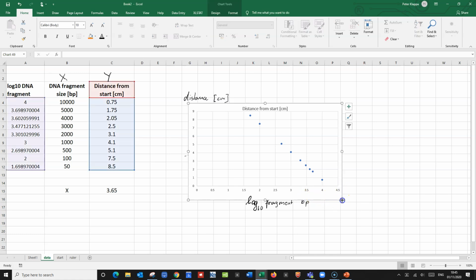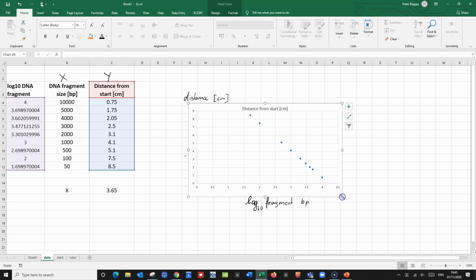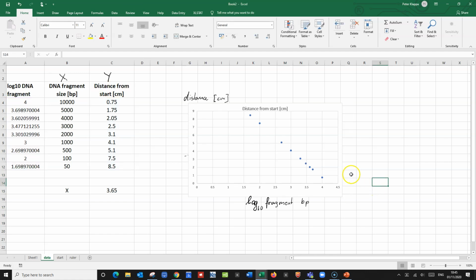It's a little bit smaller so that we can see everything. Okay, so what we see is we have a really nice straight line, which illustrates that we are not supposed to plot DNA fragment size, but log to the base of 10 of the DNA fragment size. And then we get a straight line.